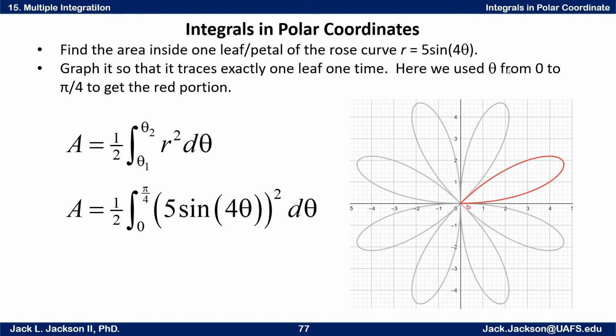Here, sometimes I had t where I meant to have theta, so I fixed that, so it has 4 theta there. So 5 sine of 4 theta is our formula. We square that, integrate with respect to theta. Theta is going to run from 0 to pi over 4, which traces that leaf exactly once. And remember, our formula has the 1/2 built into it.